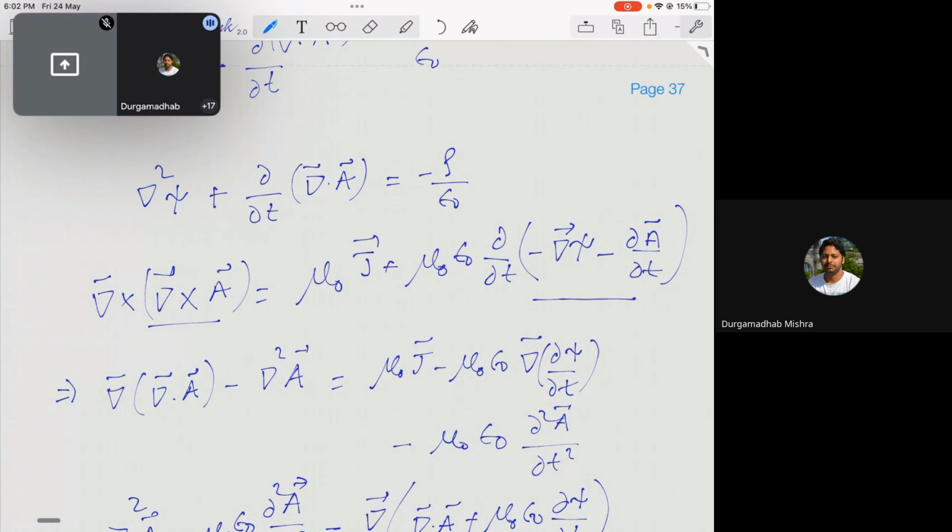The next thing we talked about is potential, and how the potentials get affected by this dynamics. Maxwell's equations are the equations of electrodynamics, which is why it is known as classical electrodynamics. Once you write a Maxwell's equation, you are already dealing with electrodynamics.